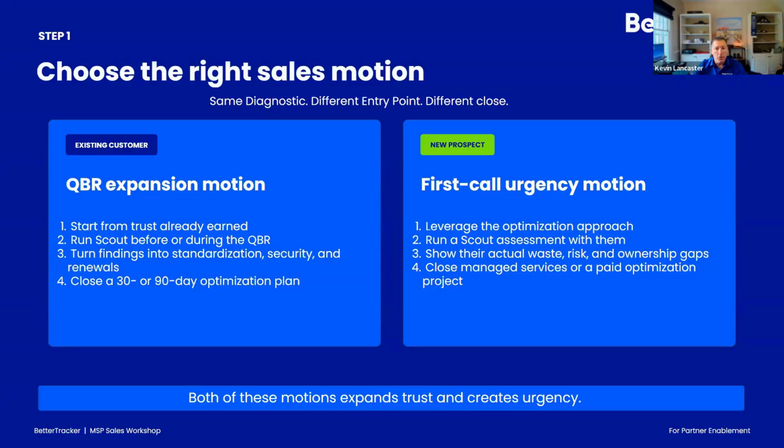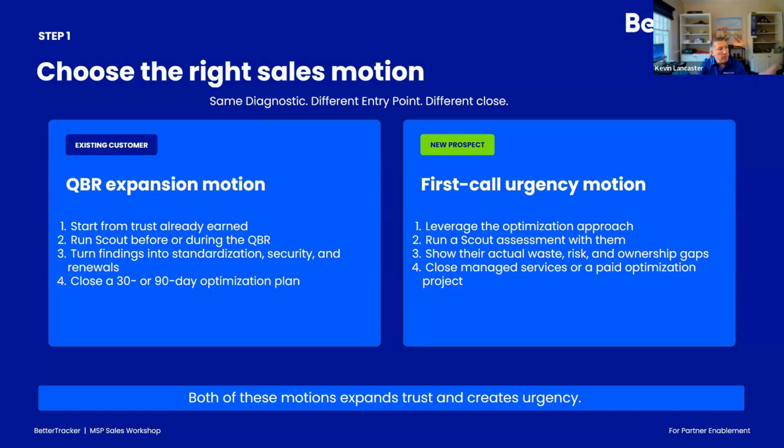These should allow you to standardize, show risk, and quantify expense, and they should help you easily renew customers, right? Because it's opening your customers' and prospects' eyes to the totality of the sprawl and wasted expense.